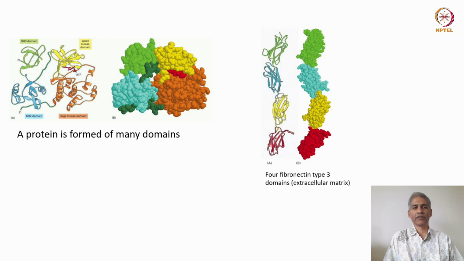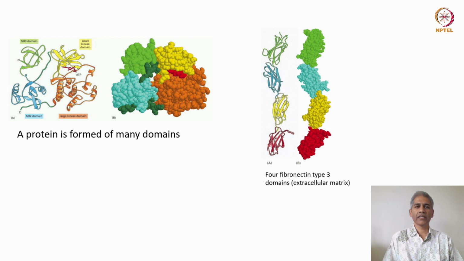For instance, if you look at the large kinase domain, it has many alpha helices in it. But if we look at the small kinase domain, shown in yellow, it is mainly made up of beta sheets. And you can see the ATP molecule, which is shown there, which indicates that that is actually the site of catalysis of this particular protein molecule.